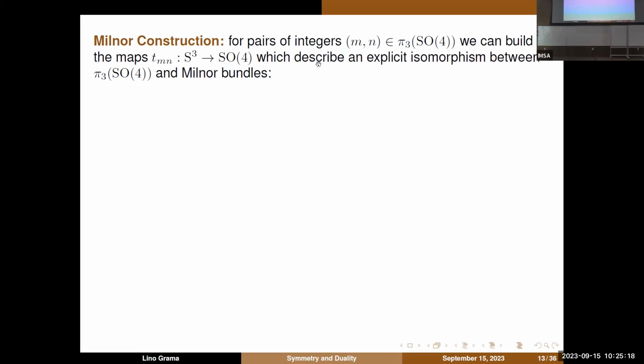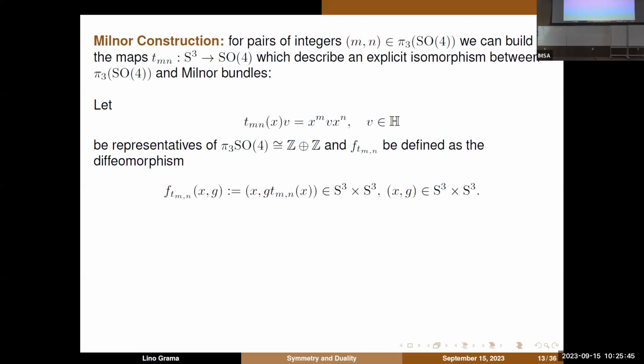These maps describe explicitly the isomorphism between pi3 of SO4 and the Milnor bundles. Here q is a quaternion, and this is just conjugation with degrees m and n, representing an element in pi3 of SO4.